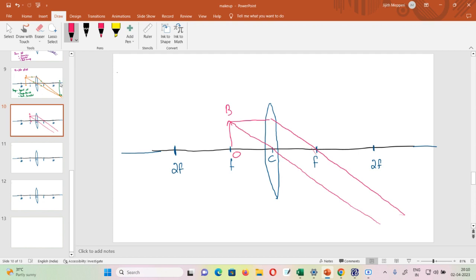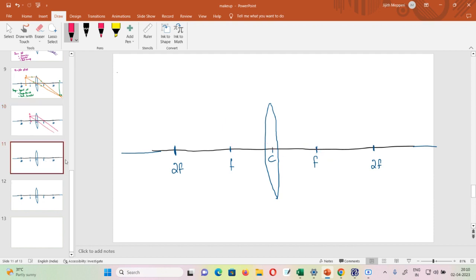So this image will be at infinity, having infinite size. The light rays coming from one point are parallel to each other and are not crossing each other, such that the image forms at infinity.